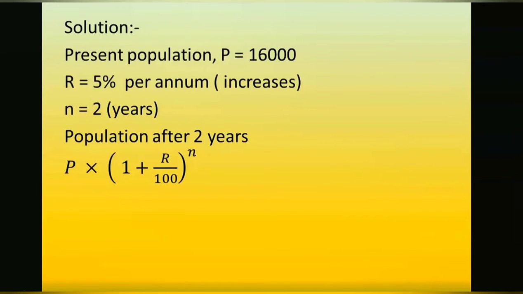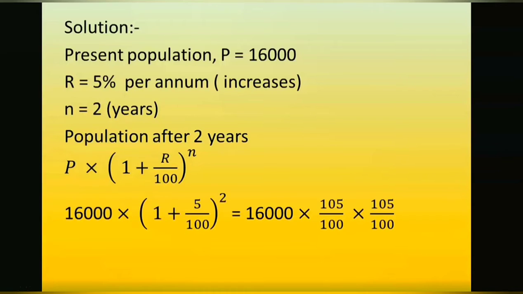So population after 2 years is P into (1 plus R by 100) whole thing raised to n. After substitution and simplification, we get the answer as 17640.